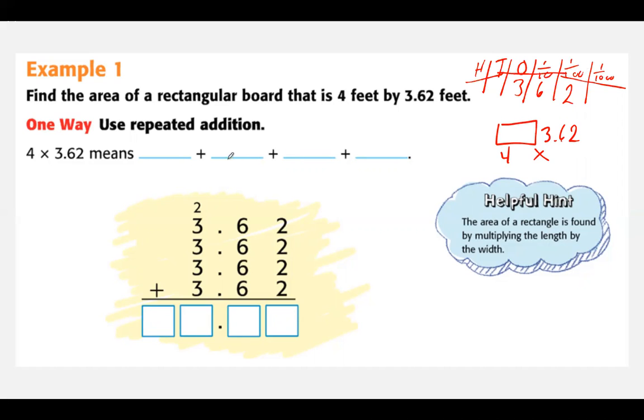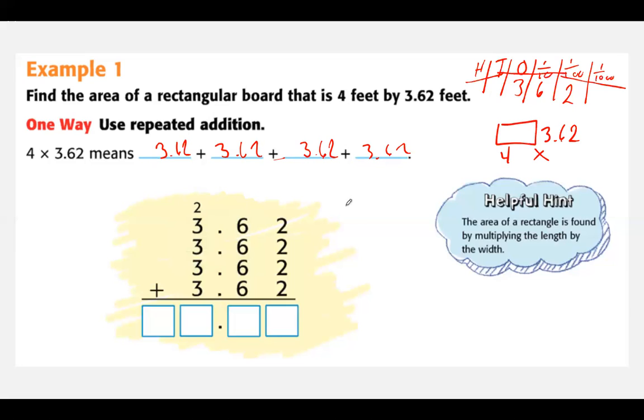So 4 times 3 and 62 hundredths means 362 plus 362 plus 362 plus 362. That takes an awfully long time.